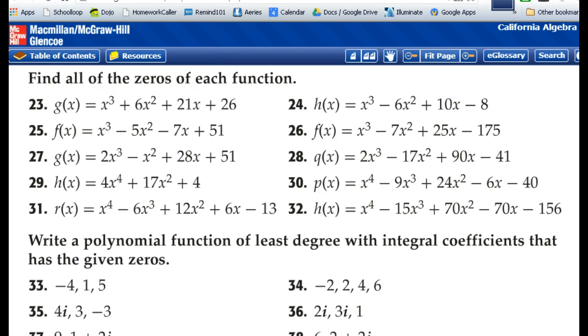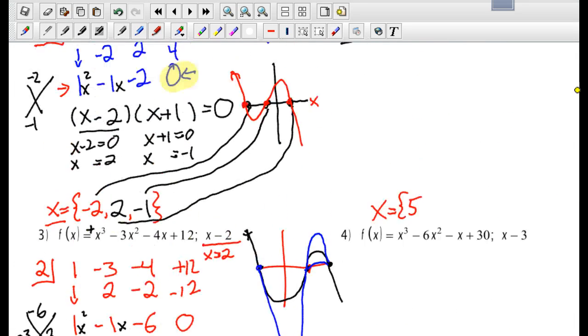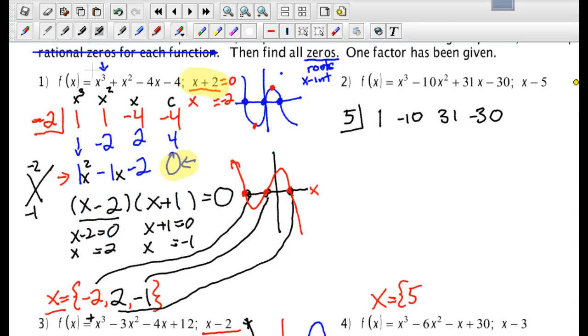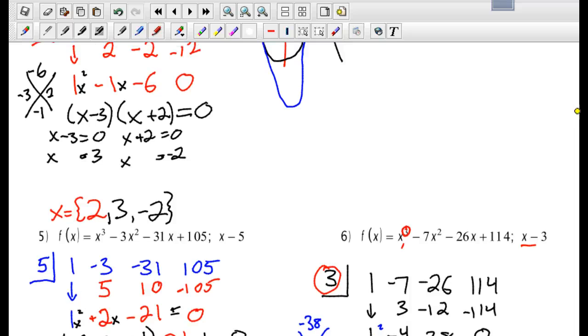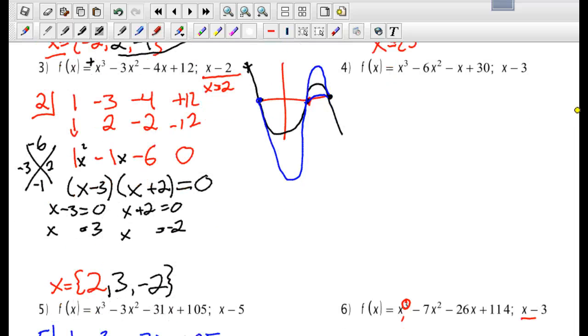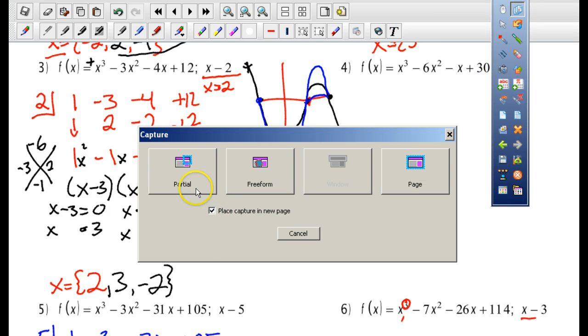Okay, so let's go back to number 3. Take a look at another one.